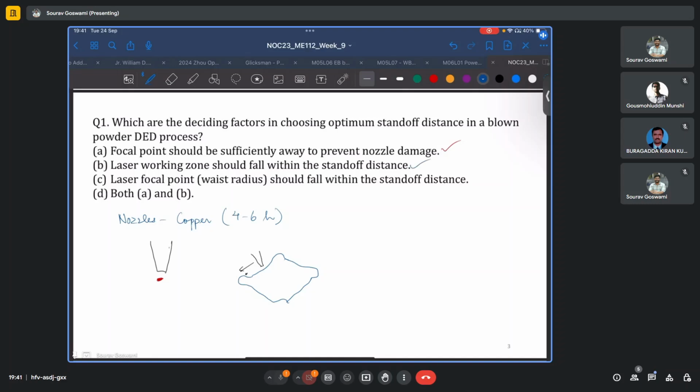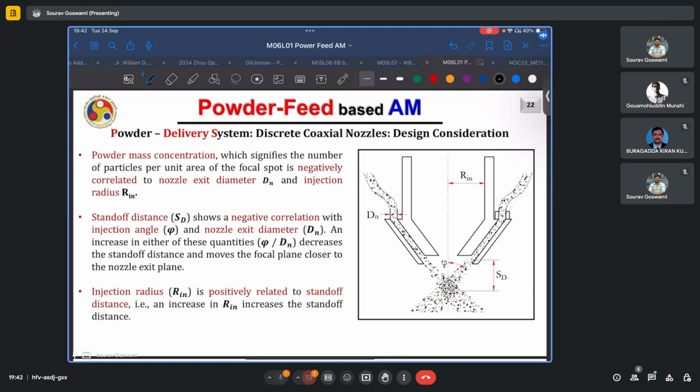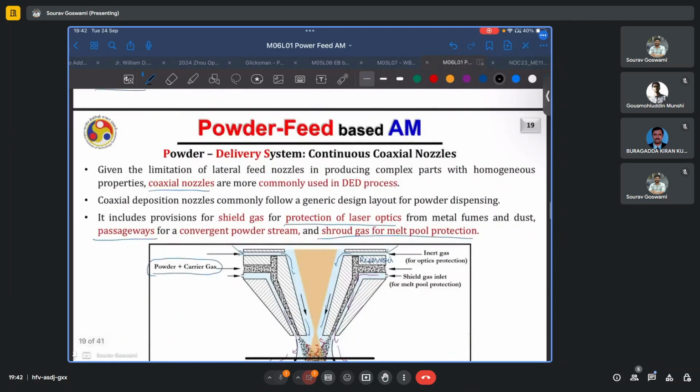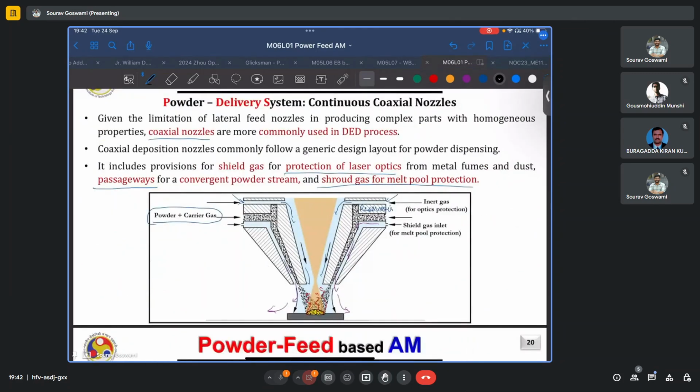The laser focal point or the waist radius should fall within the standoff distance. So the standoff distance is actually the distance between the substrate and the nozzle tip. And as we saw in one of the schematics, the beam radius is encountered here.